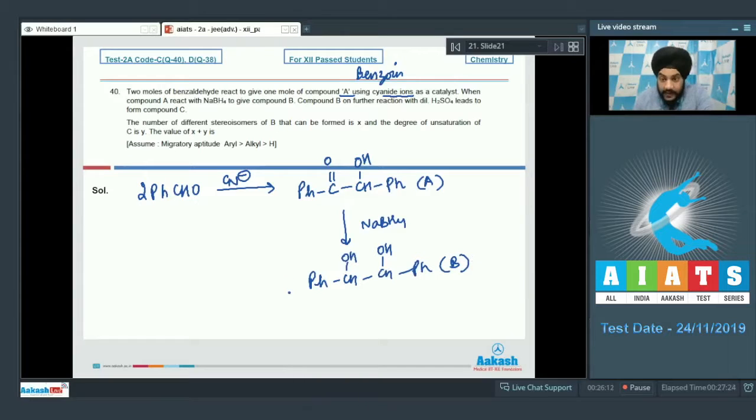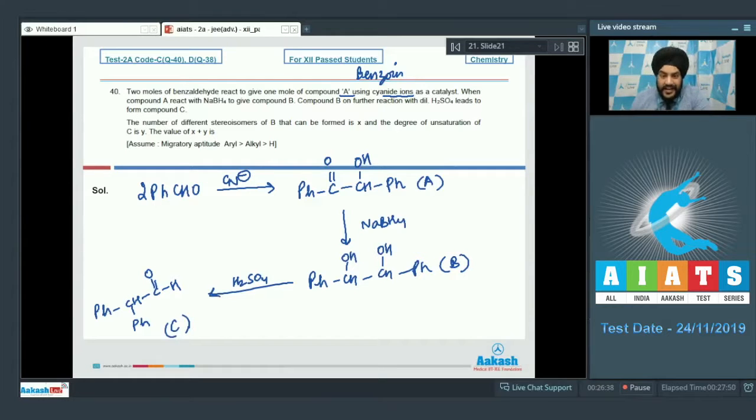If you talk about the reaction of B with H2SO4, it is going to cause the pinacol-pinacolone rearrangement. So we're going to have the formation of this compound finally. This is the compound C which is formed, students.